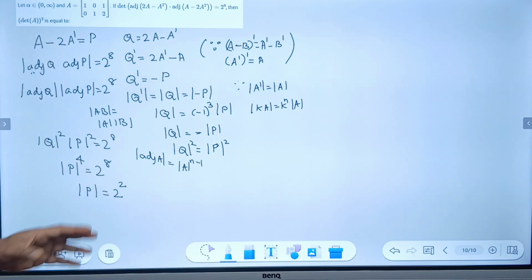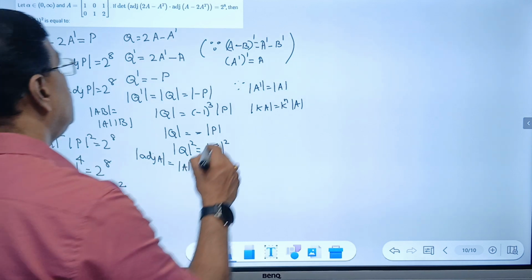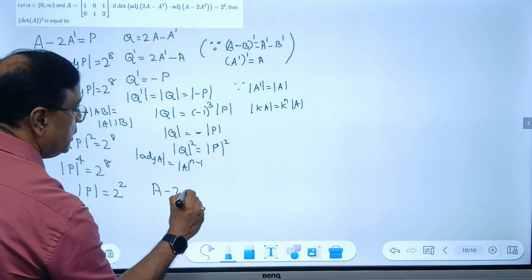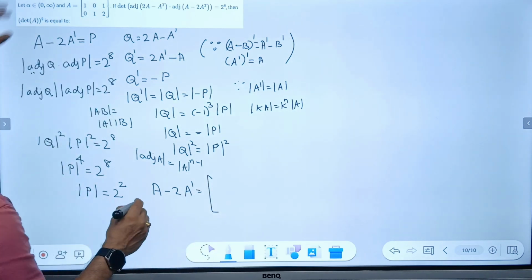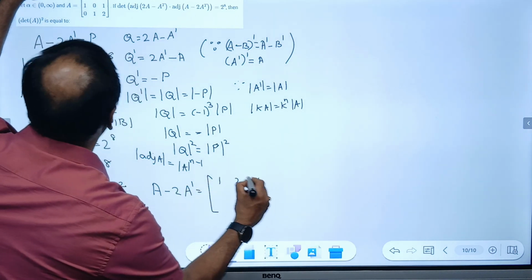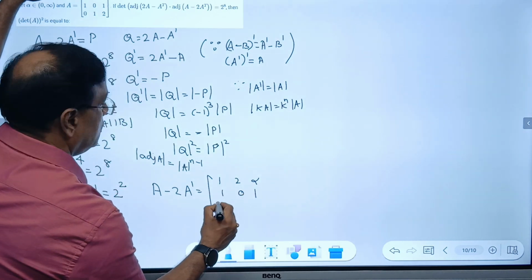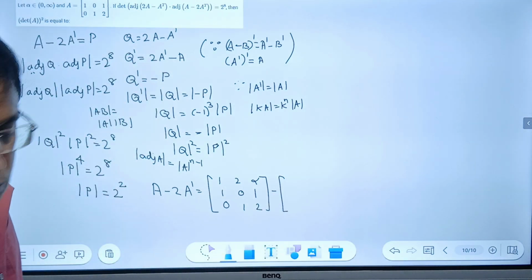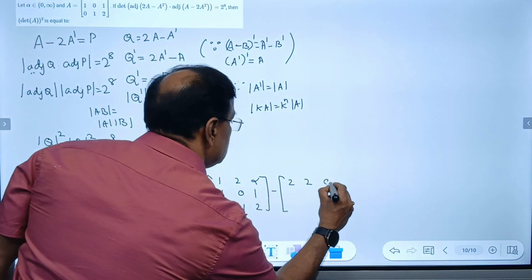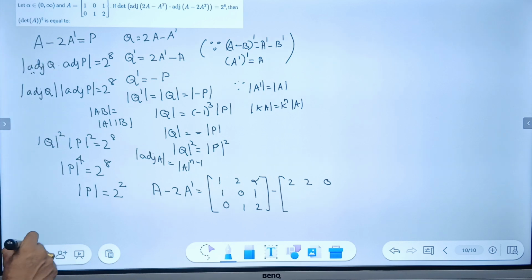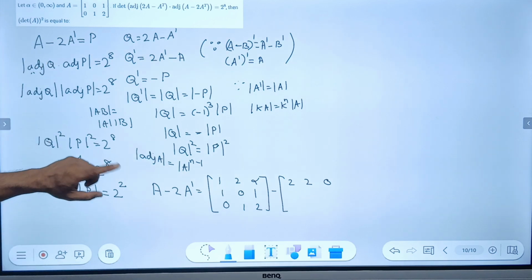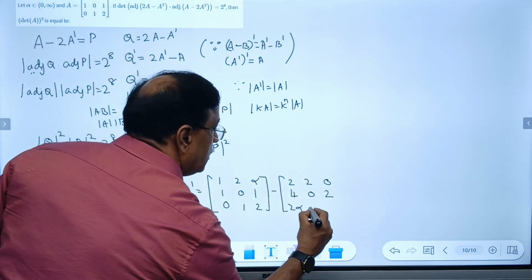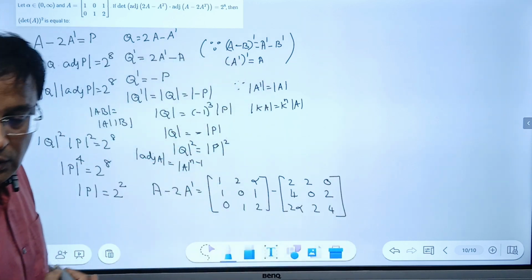Now I want to know what my determinant of P is, right? So I try to find out A minus 2A transpose. What is my A? My A is [1, 2, alpha; 1, 0, 1; 0, 1, 2]. And what is 2A transpose? 2A transpose will be [2, 2, 0; 4, 0, 2; 2 alpha, 2, 4].